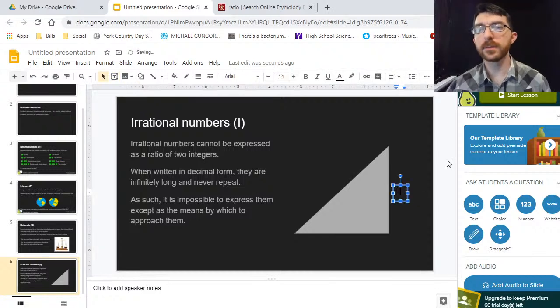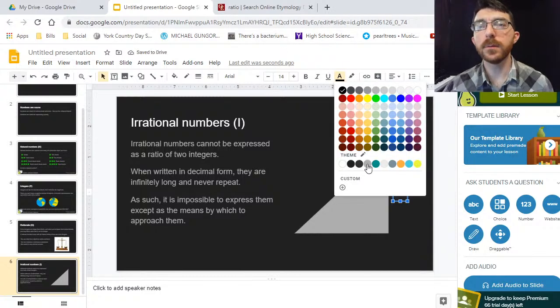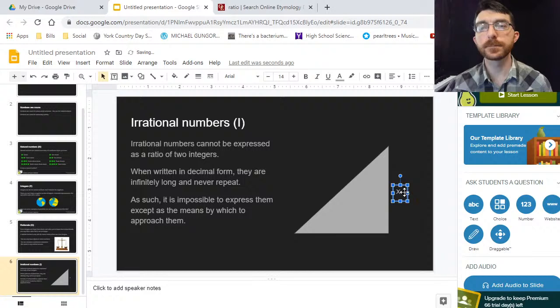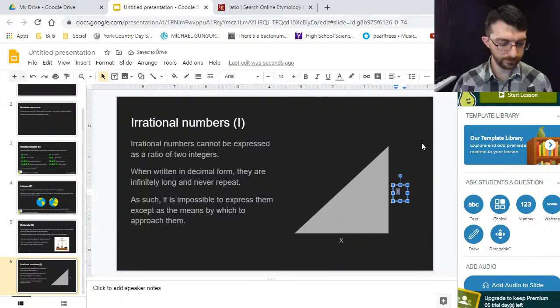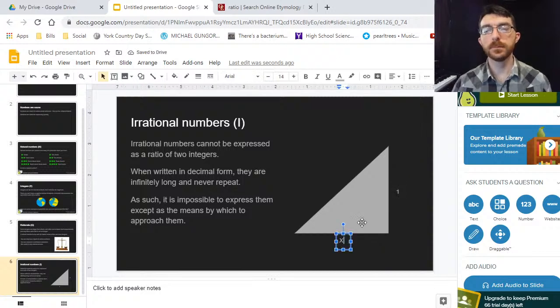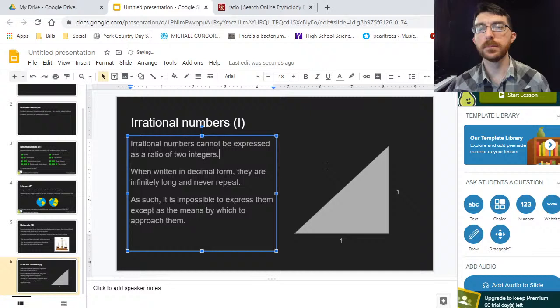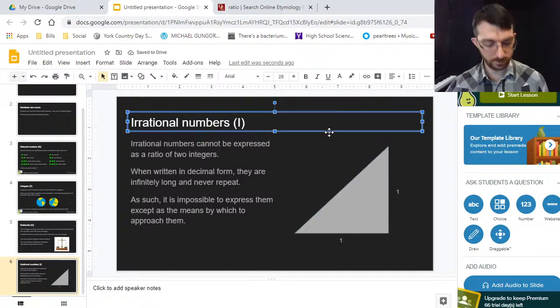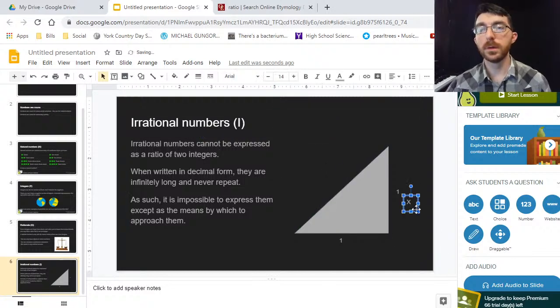This will be X. You know what? No, I should make that be 1. All right, and then a question mark.